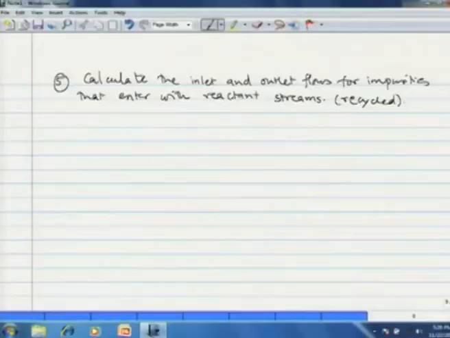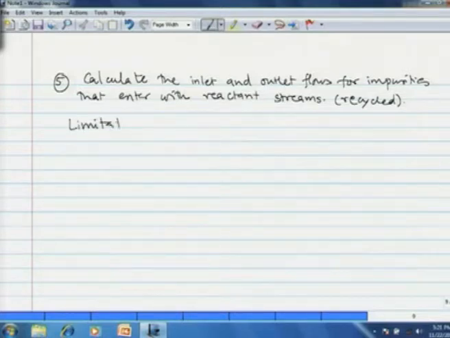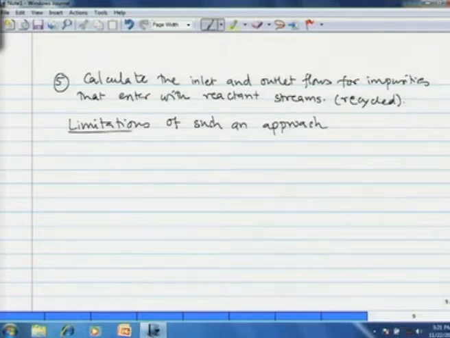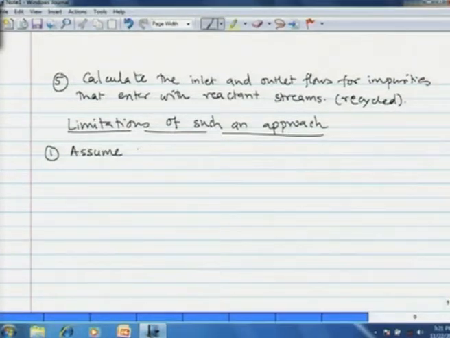However, this material balance has certain limitations because it makes certain assumptions. So, let us also identify the limitations of such an approach. Now, the first limitation is that we assume 100% recovery of all valuable material, which may not be possible.